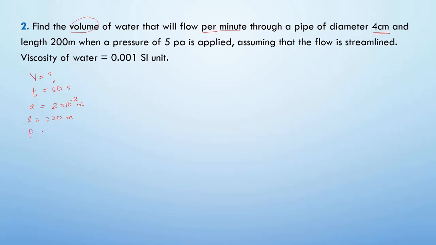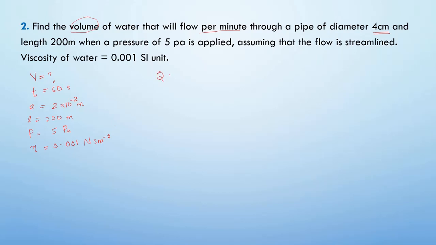Then the pressure difference is given as 5 Pascal. Pascal is again the SI unit of pressure, so you don't need to change it. And the viscosity of water is given as 0.001 in the SI unit, so it is Newton second per meter square. So what you just need to do is substitute into the equation.